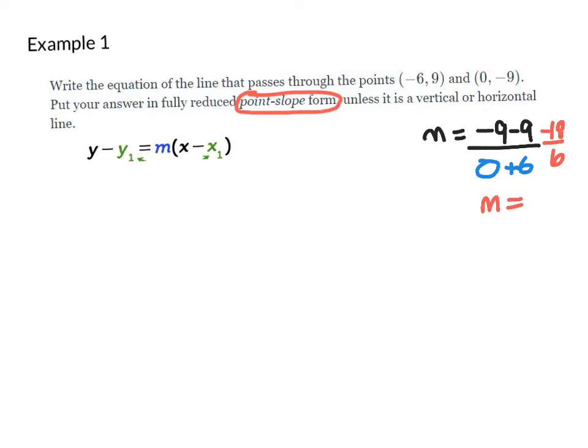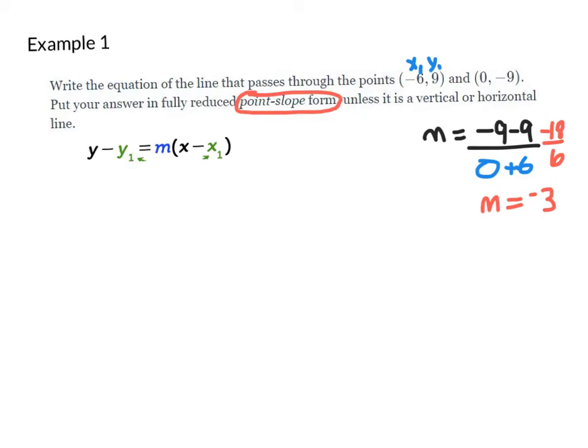So our m equals negative 3. Now we're going to take this and plug it into our formula. We needed to pick one of these ordered pairs, so let's go ahead and use this as x1 and this as y1.